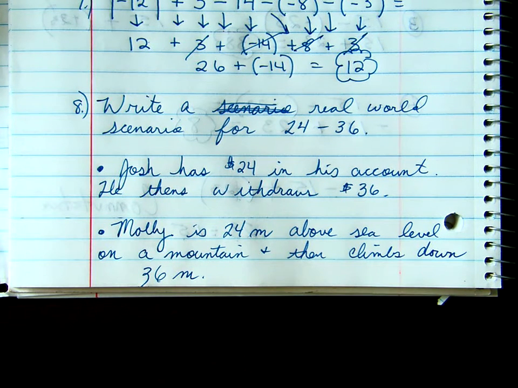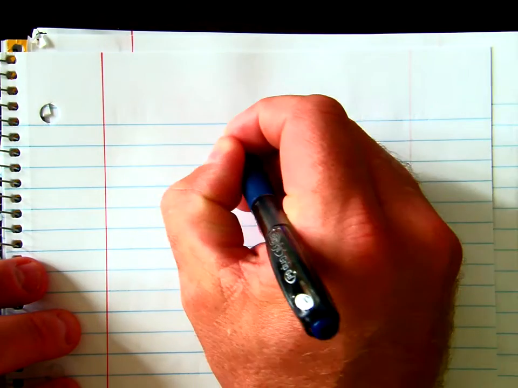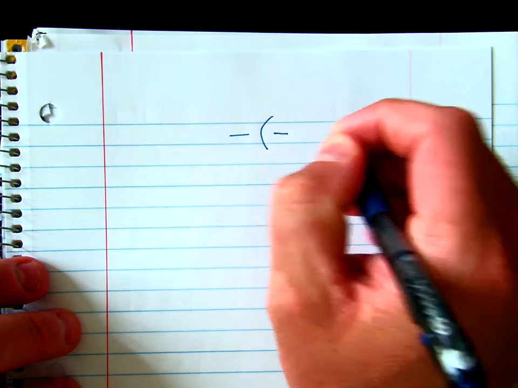Can you guys give me a real life example of why a negative minus a negative, or a double negative, equals a positive?